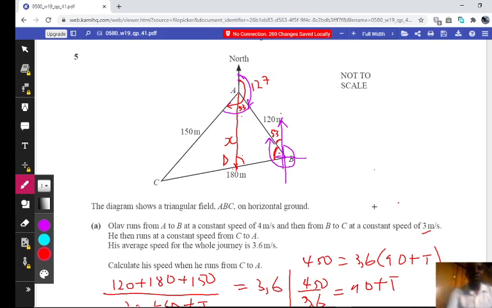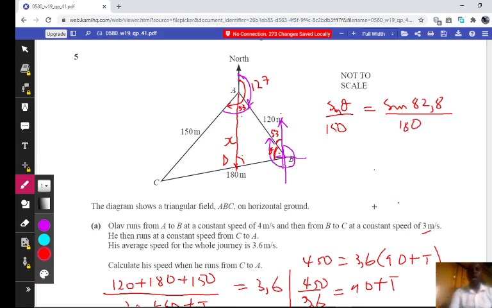You say, let's put the sine on top. Sine theta over 150 is equals to sine 82.8 over 180.